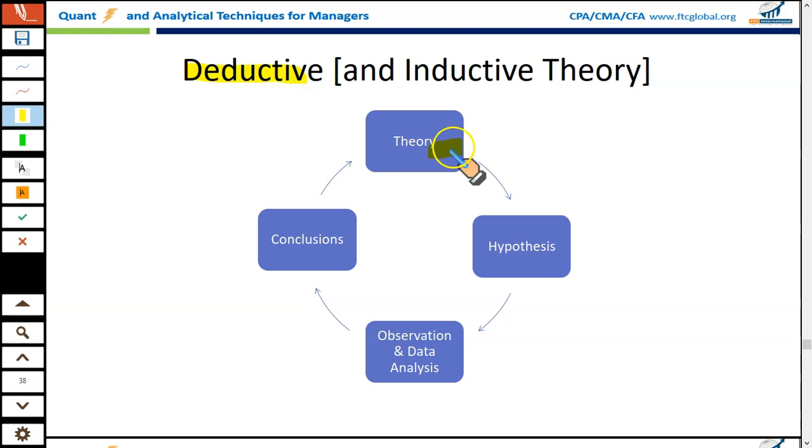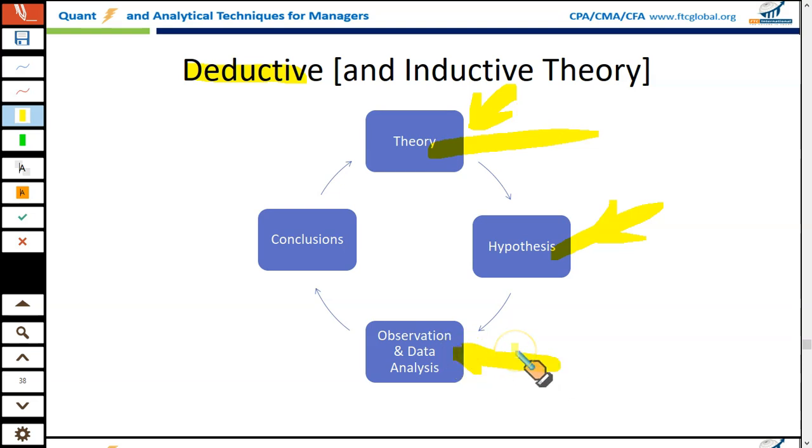Deductive reasoning. A general principle or a body of principles that has been developed to explain a wide range of phenomena. That's the first starting point. Then we develop a hypothesis, a specific testable prediction derived from a theory, outlining what results are anticipated if the theory is accurate. Observation and data analysis involves collecting and examining data to investigate the hypothesis. Usually it involves empirical methods and statistical evaluation.